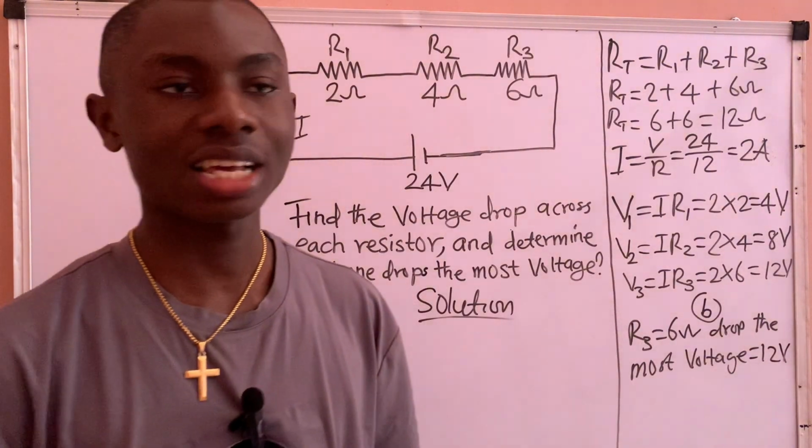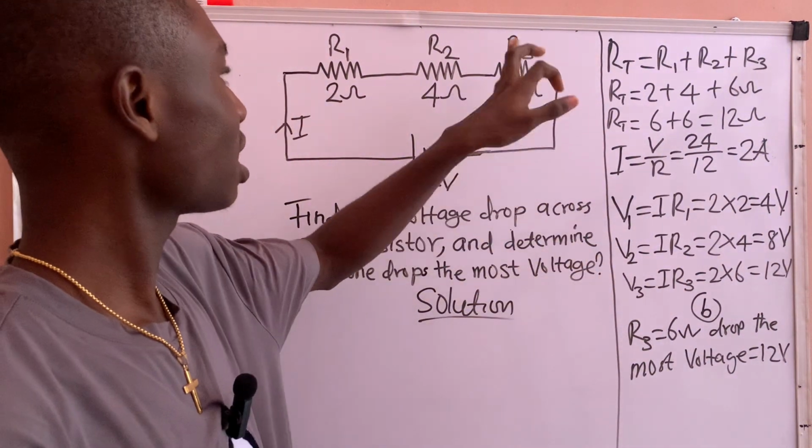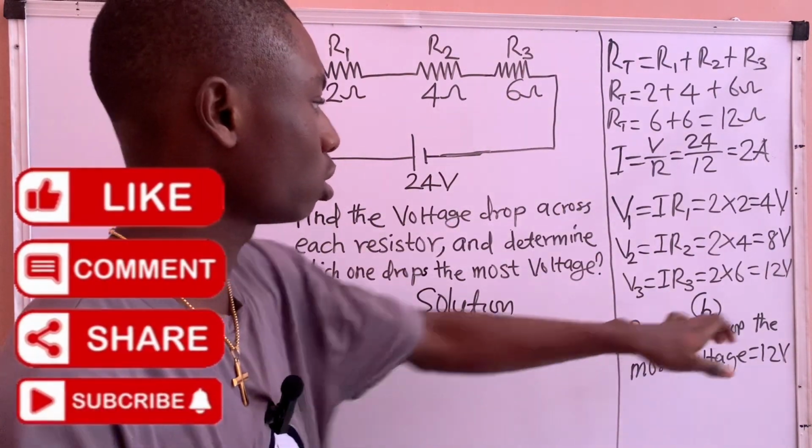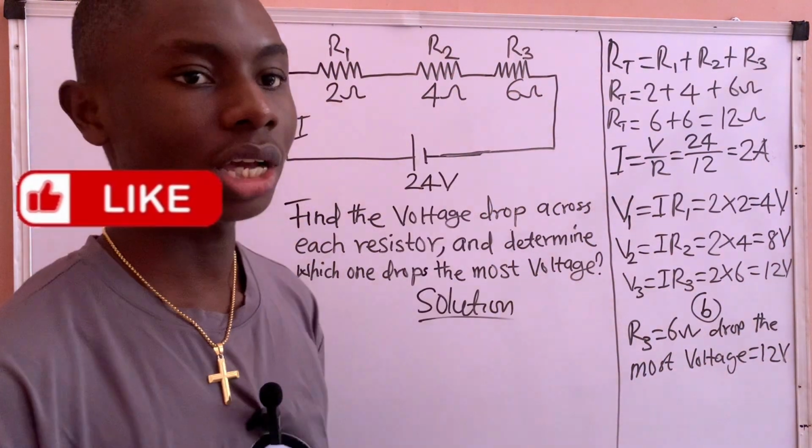So that is the answer from our calculation. So resistor R3, which is 6 ohms, drops the highest voltage, which is 12 volts, from the circuit.